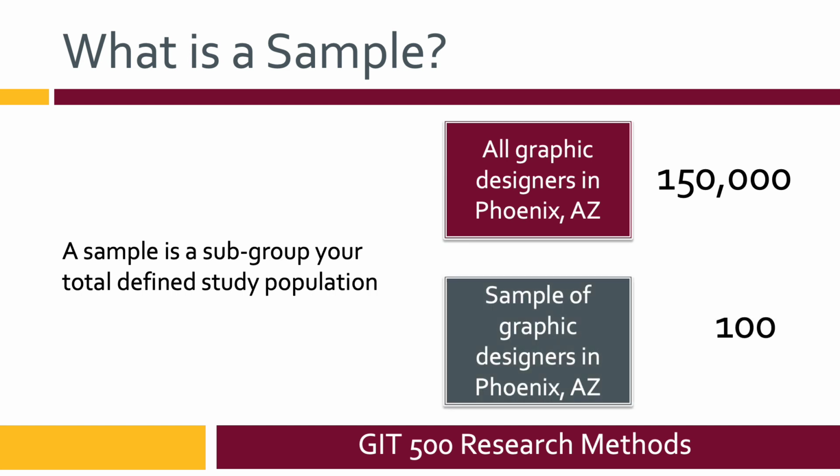You need to just get a subgroup or a sample of that 150,000, maybe 100, and you can usually, with a sample, extrapolate those results you get from that smaller sample size to the population as a whole. So you get data from 100 graphic designers in Phoenix, and you could more or less say that your findings with the data you get from them are going to apply to all 150,000, more or less.